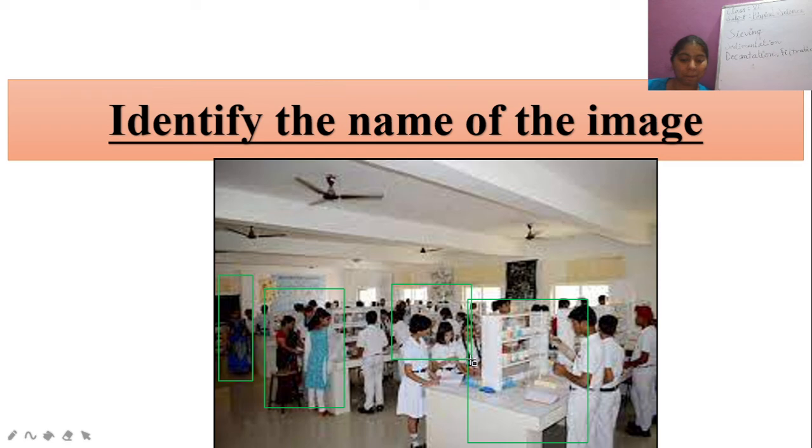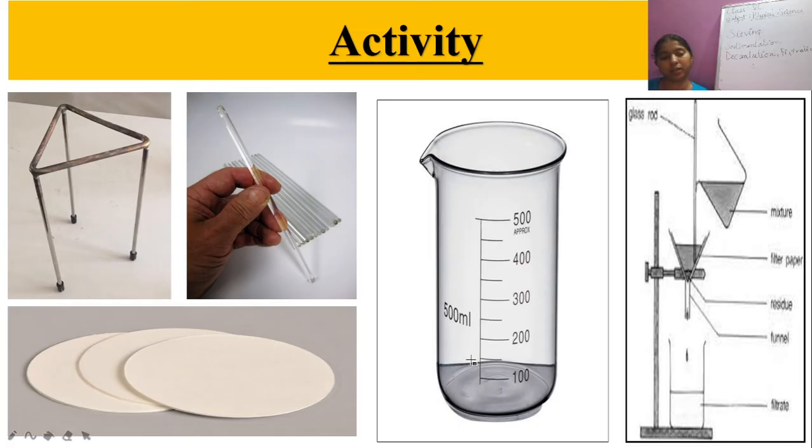So students, we have an activity where we can see some materials. What do you know about these materials? Do you know the names of these materials? And what about this last image which I have shown you? Do you see a beaker?